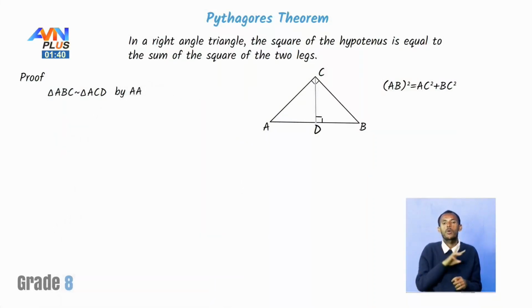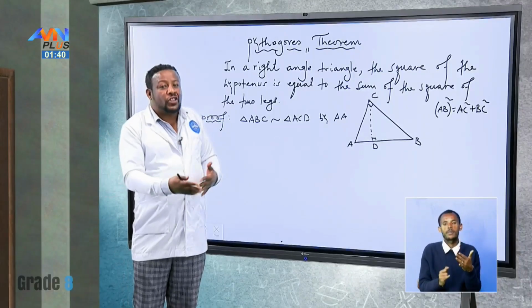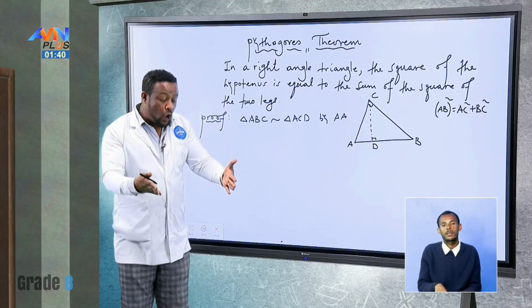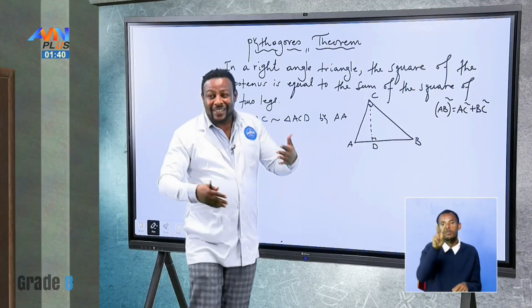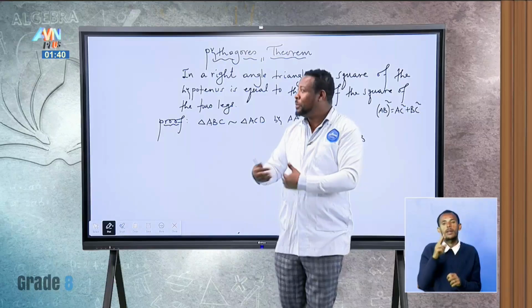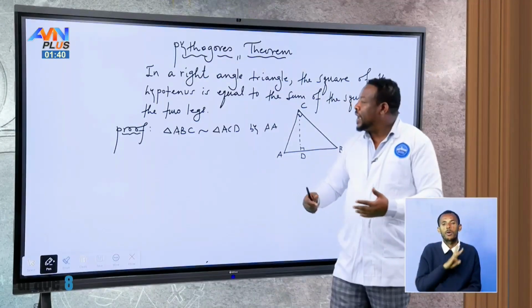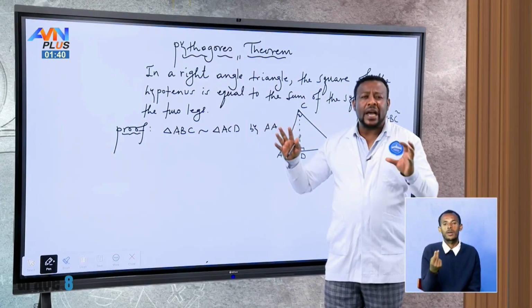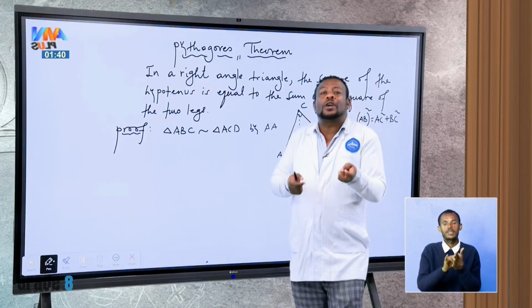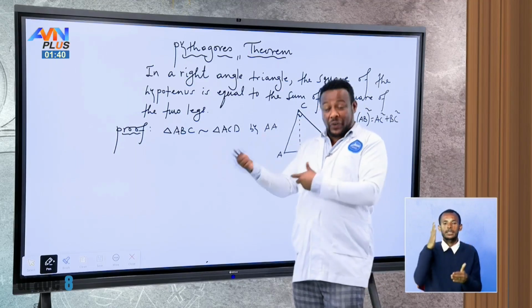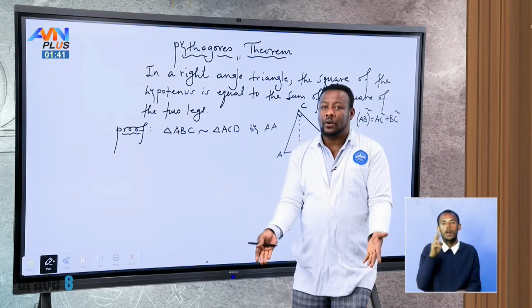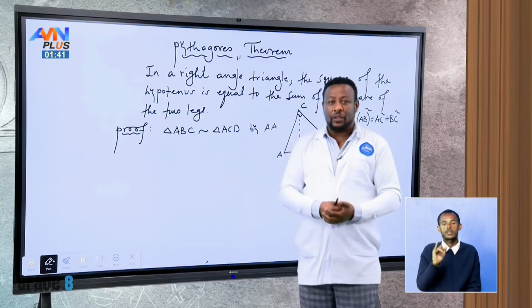Therefore, we can derive a certain proportionality. As you all know, if two triangles are similar, the ratios of the corresponding sides are equal; there is a proportionality constant.